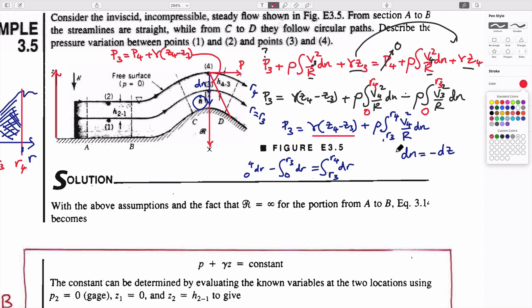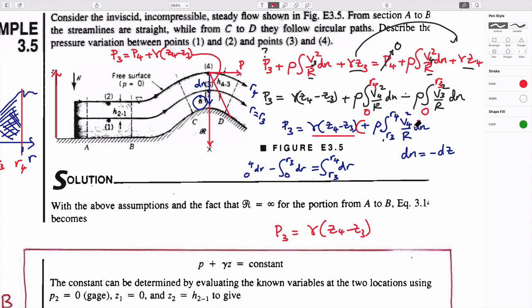So this term here, if we substitute for dn, the term would actually be P3 is equal to unit weight times the difference in elevations, and this term will be minus density, this integral between these two limits, R4 to R3, V over R dz.